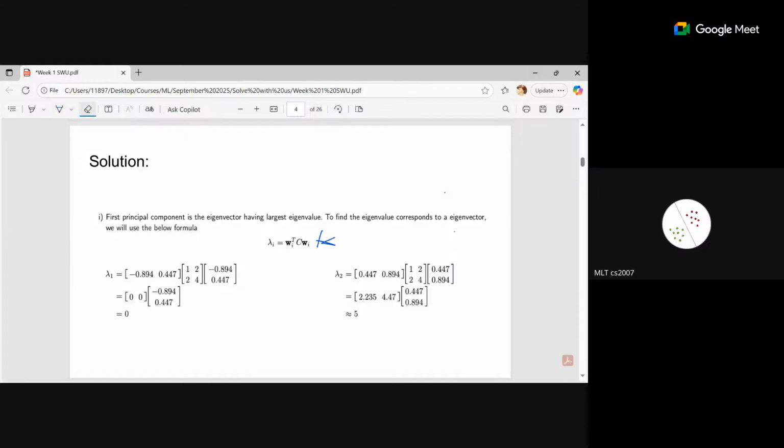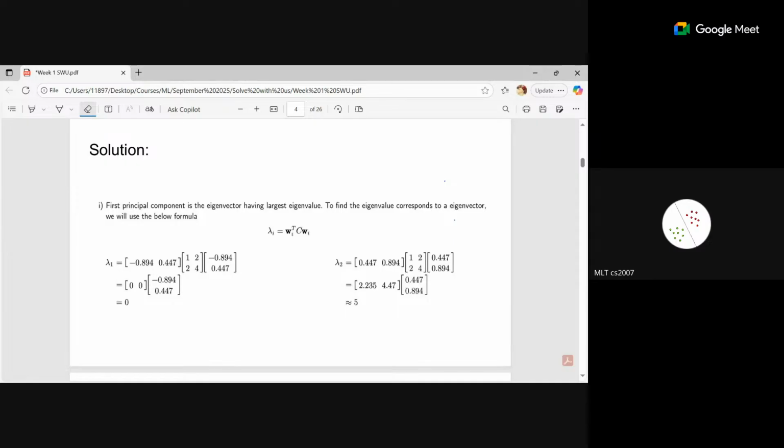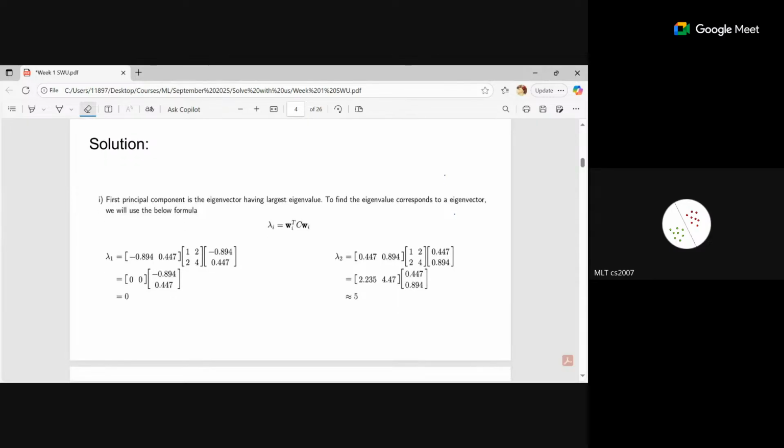If you have any matrix A and some eigenvector x corresponding to it, it should satisfy this equation. Ax is equal to lambda x is the eigen equation.